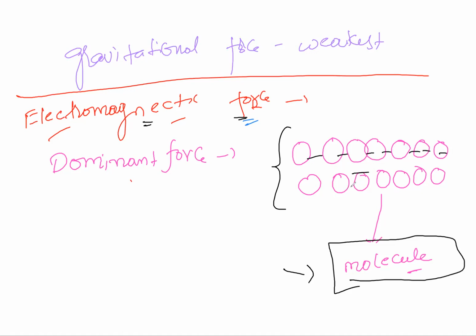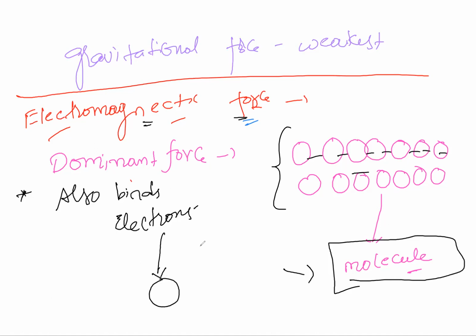So because of the electromagnetic force it is possible, and it also binds the electrons of an atom to the nucleus. The electrons can be bound in the atom only, right?